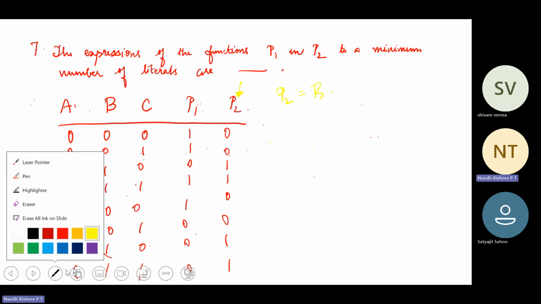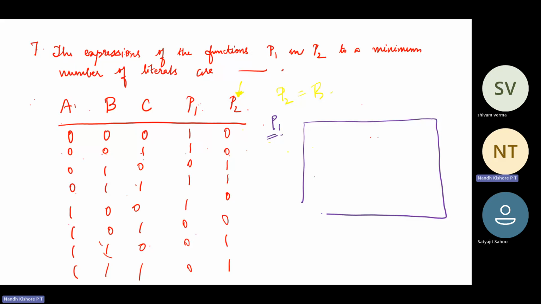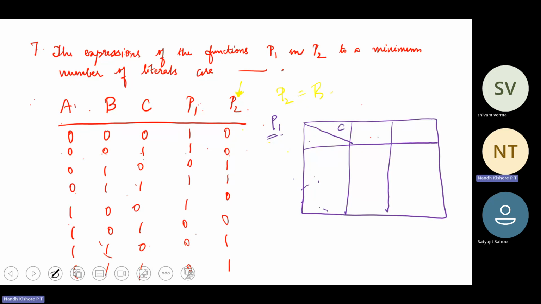So we will not draw the K-map for that. We will just draw K-map for P1. So for P1, let's draw the K-map. So you have C and this is AB 0 0, 0 1, 1 0, 1 1, and 0 and 1.